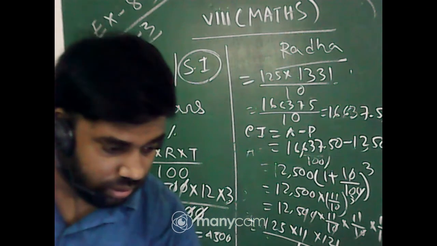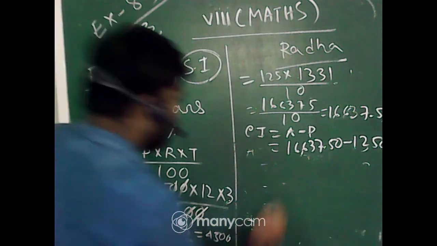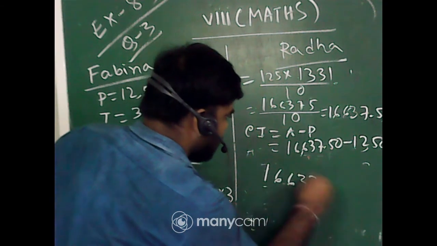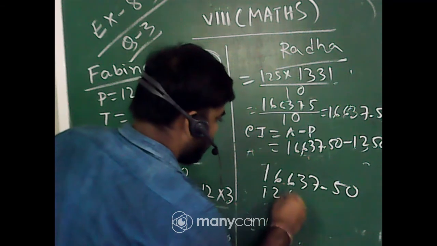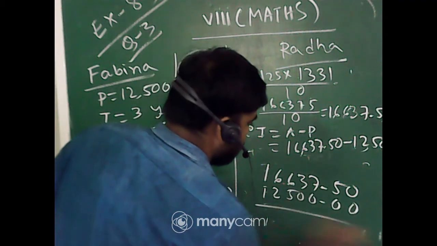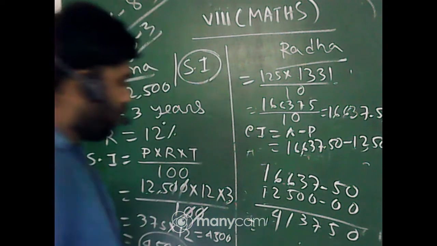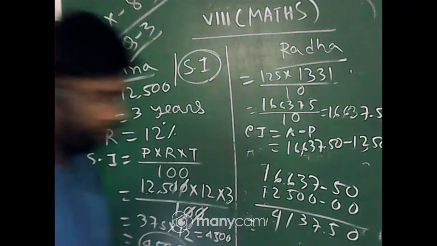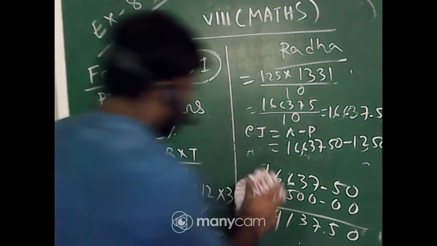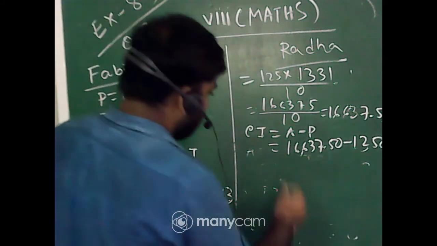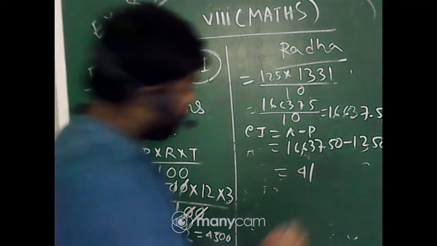The result is 4137.50. So CI equal to 4137.50.